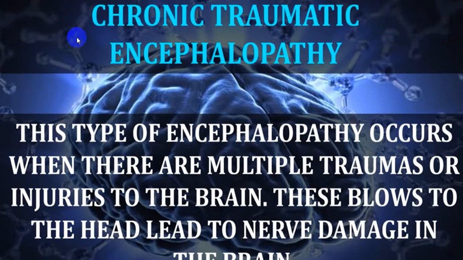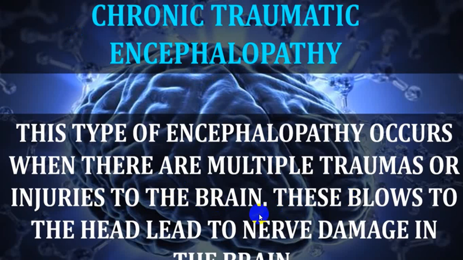Another very common group which we come across is chronic traumatic encephalopathy, which is very common in persons who are boxers. Another very common group is football players, where the chances of head injury are much more. This type of encephalopathy occurs because of multiple traumas or injuries to the brain.